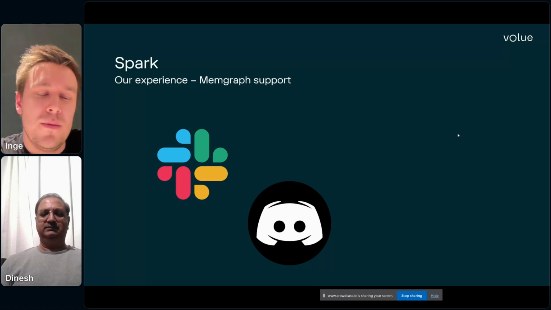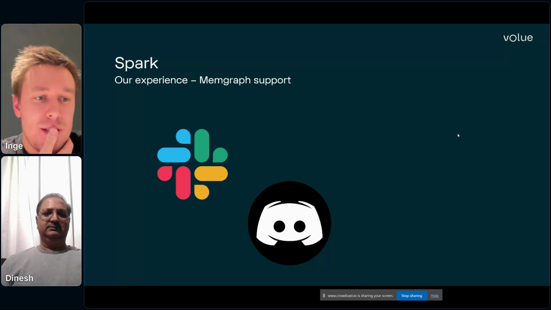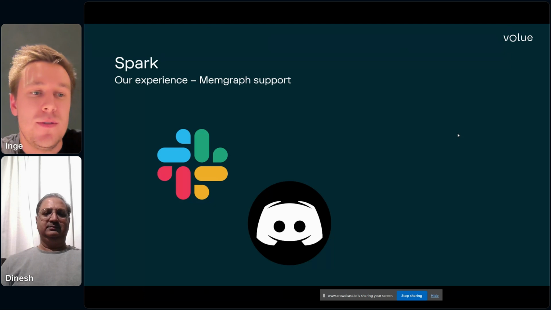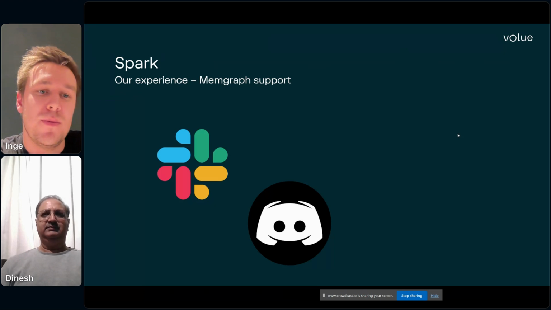We also use the Helm charts that Memgraph gave us for deploying it in Kubernetes. Generally, the experience with Memgraph when it comes to support is very good. I don't know if you want to add anything else, Dinesh?